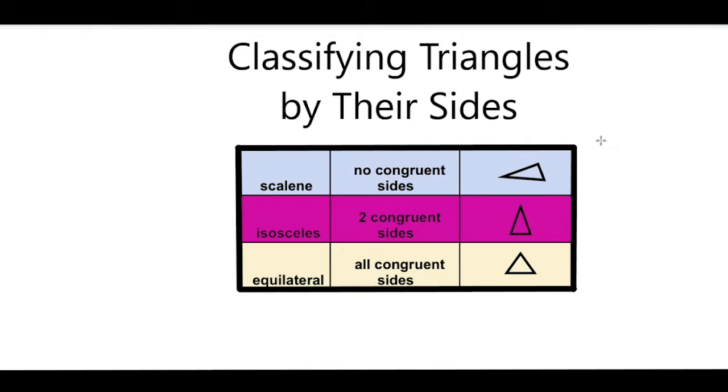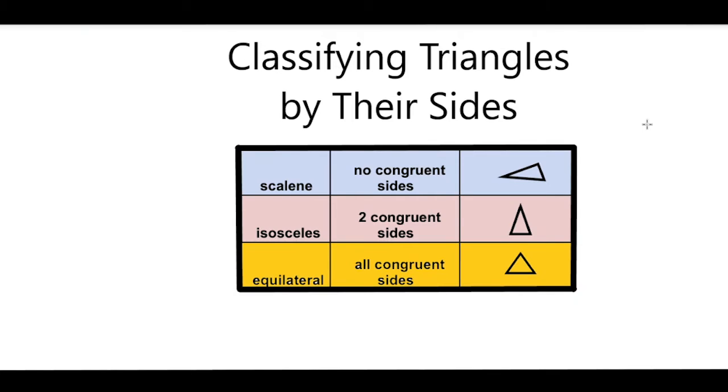Next is isosceles, and isosceles triangles have two congruent sides. And third is equilateral triangles, and an equilateral triangle has all congruent sides, so all the sides are the same length on an equilateral triangle.